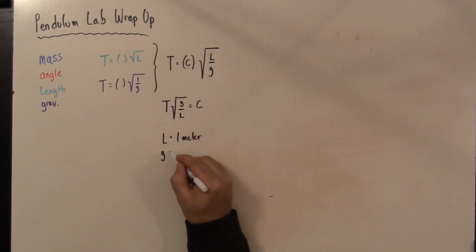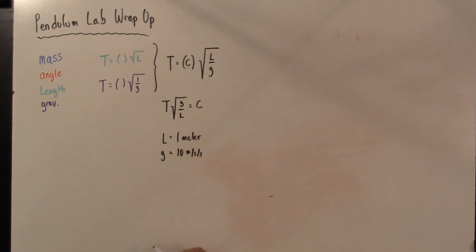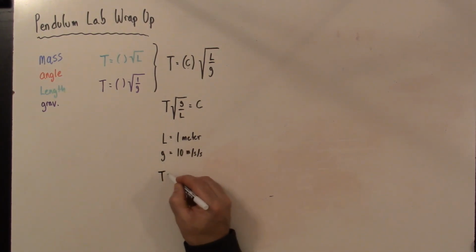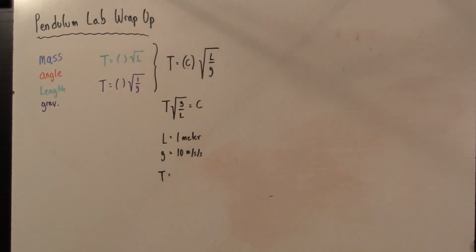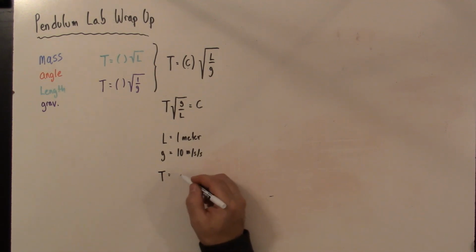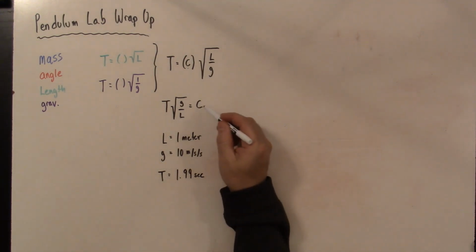I know the G value near the surface of the earth is 10 meters per second squared, or 10 newtons per kilogram, it doesn't matter. And when I measure this, I end up with T equal to, hold on, I don't want to lie. I'm using the app over here. 1.99 seconds.